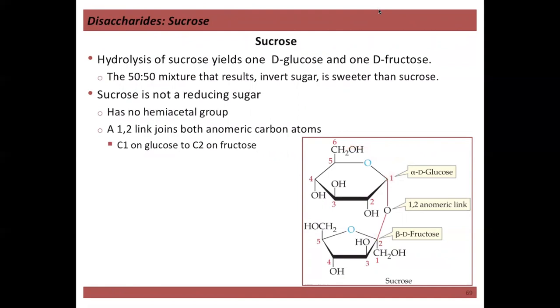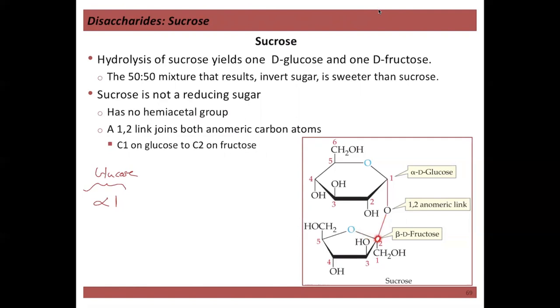This is a fairly complex linkage because we're going from the alpha anomer at position 1 of glucose, and we're going to this position here. I know it's the anomeric carbon because that carbon is sharing 2 bonds with oxygen. So that is the anomeric carbon right there.